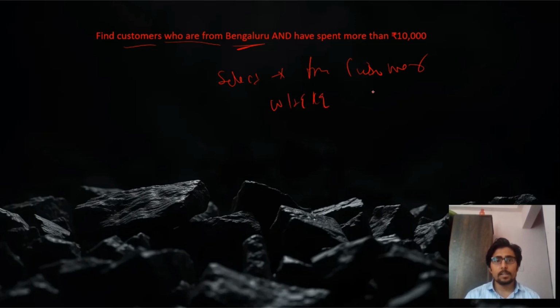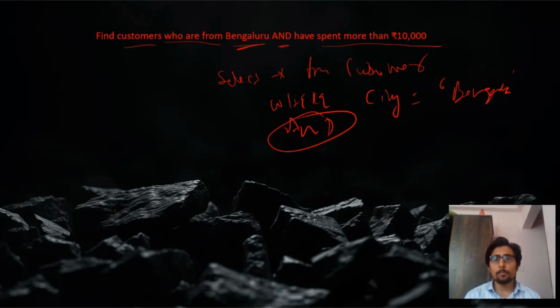So where city is Bengaluru, and filtering comes into the picture here, because they have mentioned and have spent more than 10,000. So what does spent mean? Let's imagine the column name is total spent, or we can even count it. If it is not given, we can do it with the help of some functions.